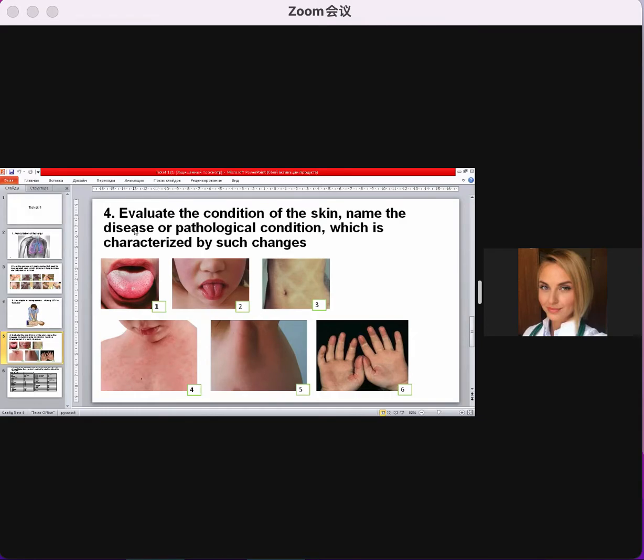Okay, then number 4. Rash. Scarlatinal skin rash, yes. What morphological elements of the skin rash you can see? Small macules.